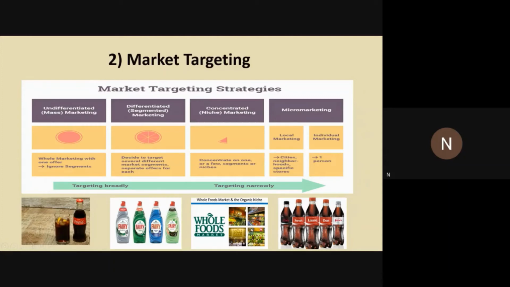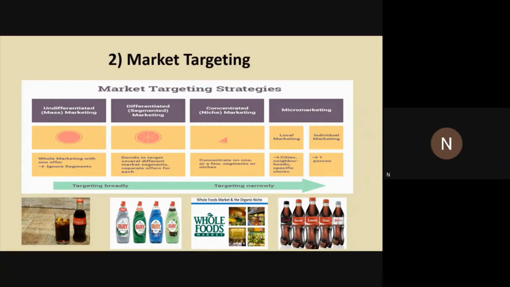So they are more prone to organic vegetables than the normal ones. As you know, normal vegetables are where they have used a lot of chemicals. So there is a group of people looking for organic food. So in this case, this is how Whole Foods Market caters to these people who want to buy organic stuff. So this is called concentrated marketing, right?